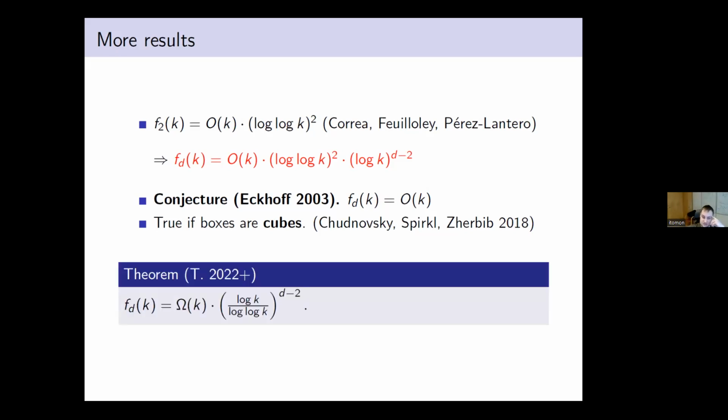So it's somewhat surprising that I found a construction which not only shows that starting from d it's not linear, but actually it turns out that this upper bound you get from this divide and conquer argument is almost sharp. So I managed to find a construction which shows that this upper bound is sharp up to double logarithmic factors. So it starts to work with d equals 3, right?